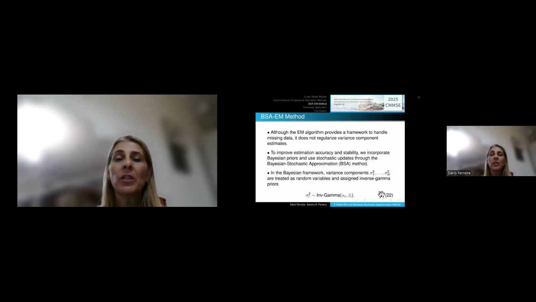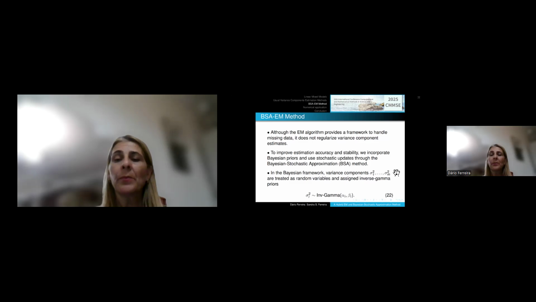To improve estimation accuracy and stability, we incorporate Bayesian priors and use stochastic updates through the Bayesian-Stochastic Approximation method, which we'll call the BSA method.